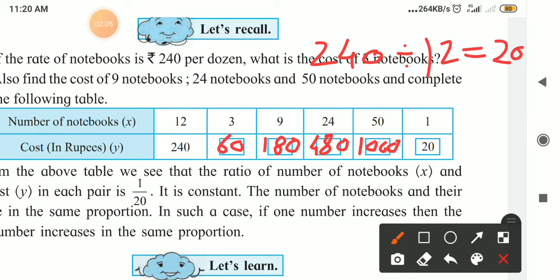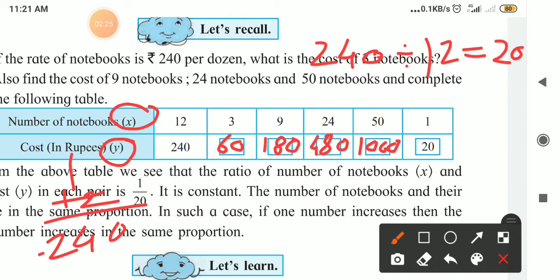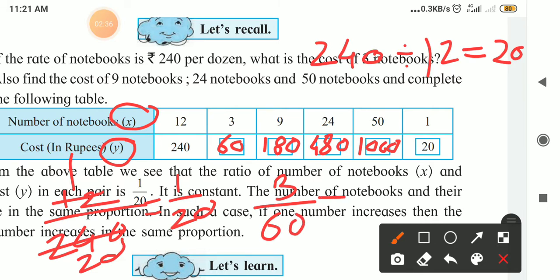Okay, so here in the above, you will notice the ratio of the numbers. Suppose here the number of notebooks is X and here its cost. If we find the ratio, let us find 12 upon 240. So 12 ones are 12, 12 twos are 240. Answer is 1 upon 20. Now we will find this ratio. 3 upon 60: 3 ones are 3, 3 twos are 6 and the 0.